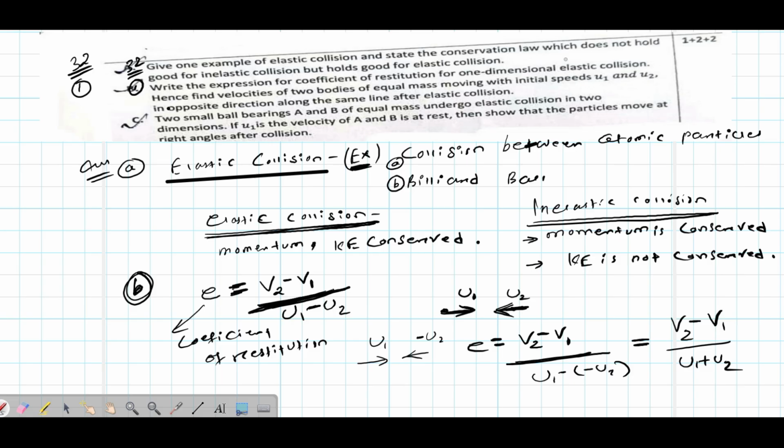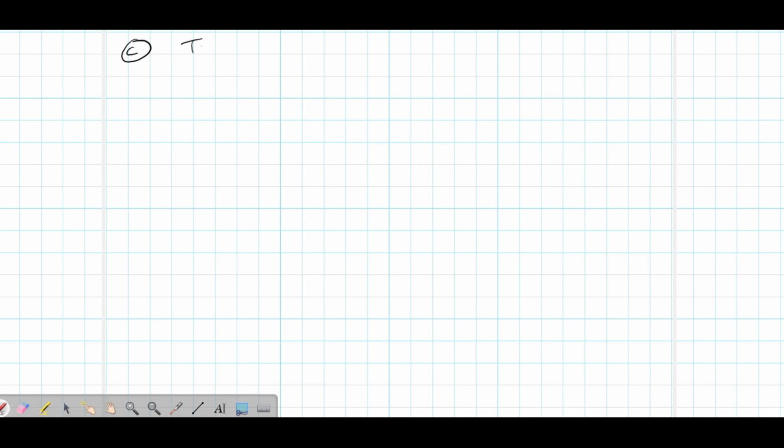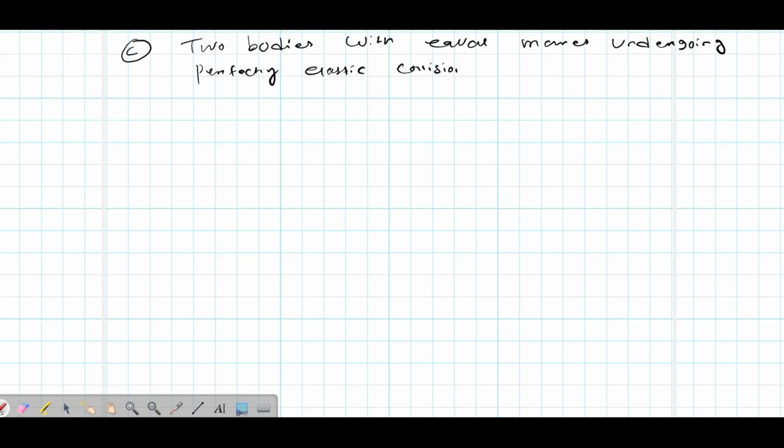Moving to bit C. Bit C says two small bearings A and B of equal masses undergo perfectly elastic collision, with one of them at rest, and move at right angles to each other.